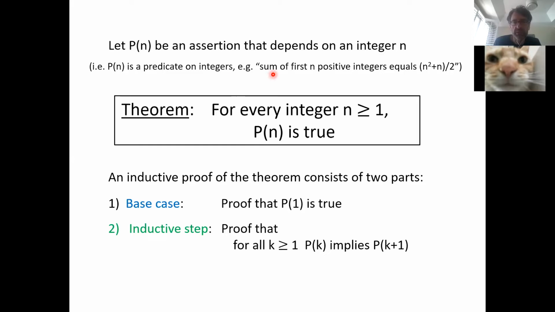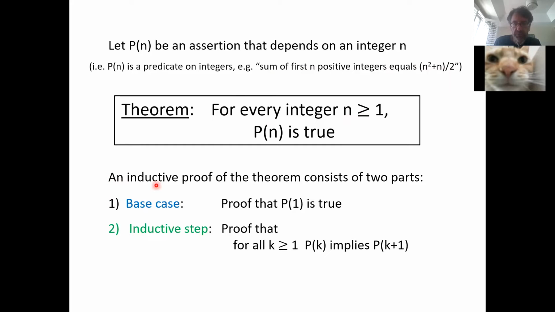The predicate we had on the previous slide, that the sum of the first n positive integers is n squared plus n over 2. And say that you're claiming that this predicate holds for all integers greater or equal to 1.